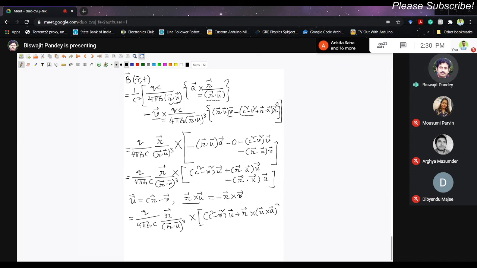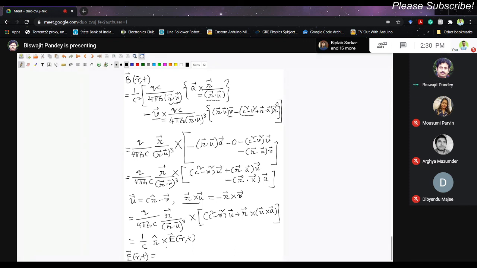If you notice carefully the relationship between electric field and magnetic field, you will figure out that this is nothing but 1 by c, r cap cross the electric field E(r,t), which you have already derived. Let me write down the electric field here.